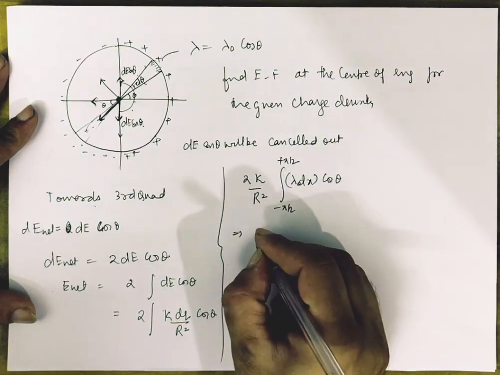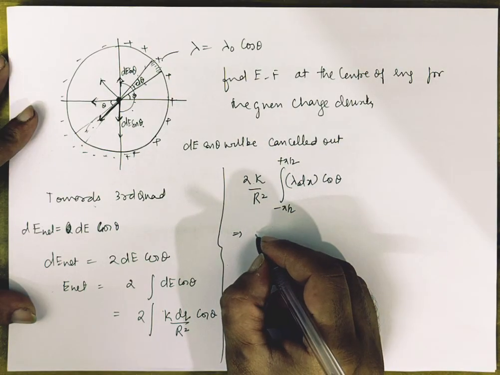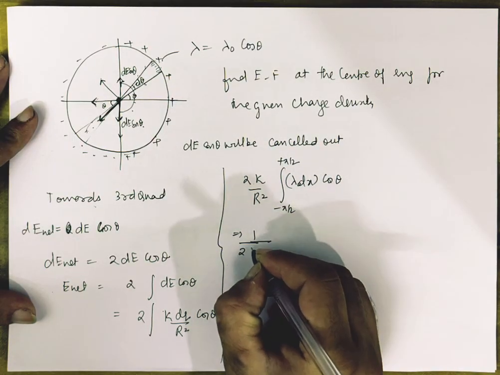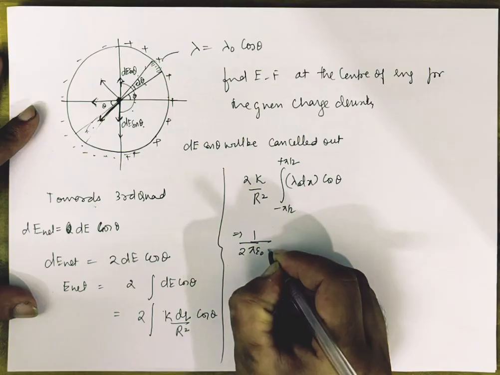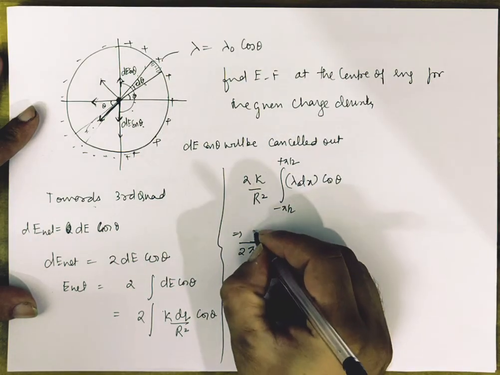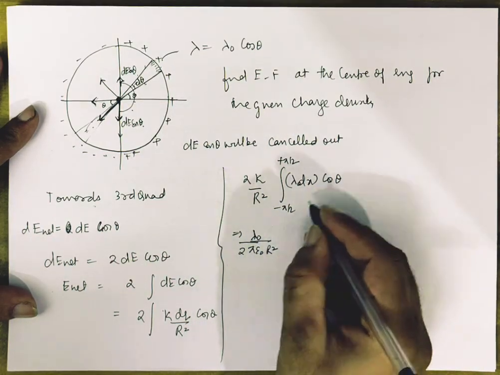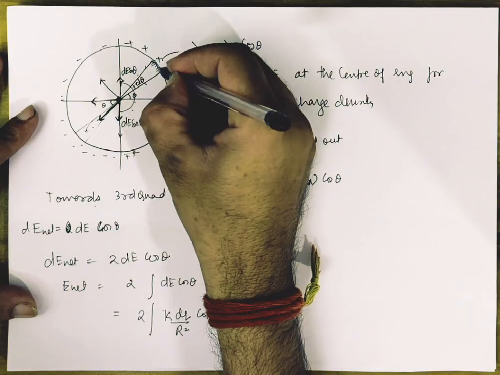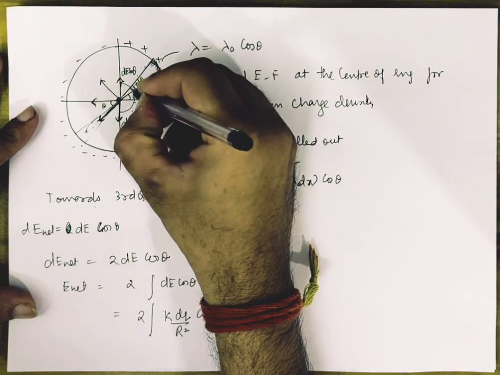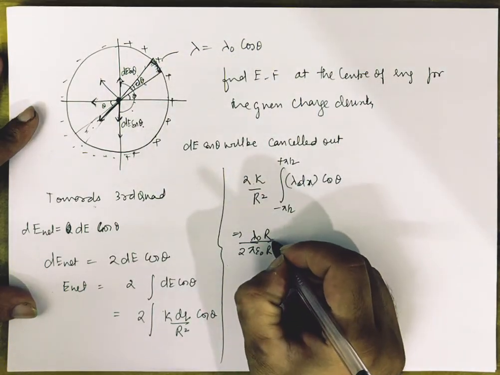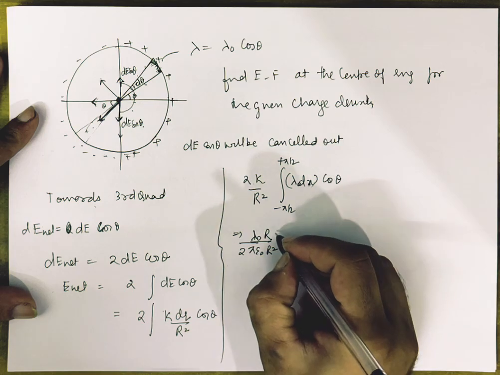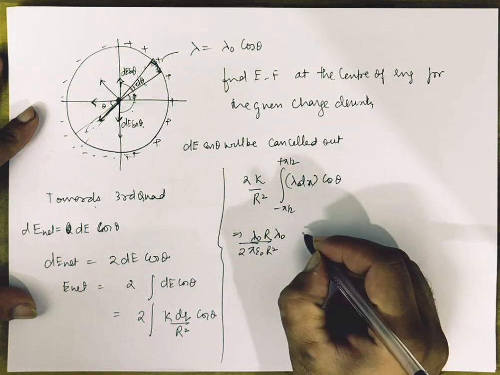So we have 2k as 1 by 2 pi epsilon naught r squared, and lambda is written as lambda naught cos theta, and dx is r d theta. So I'll get r outside, and lambda naught can also be written outside.